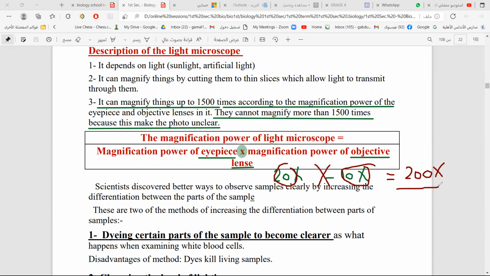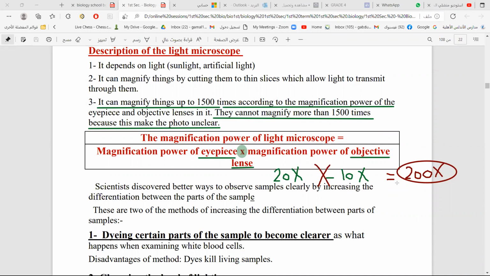So the total magnification of the microscope is the multiplication of the magnification powers of the ocular lens and the objective lens.